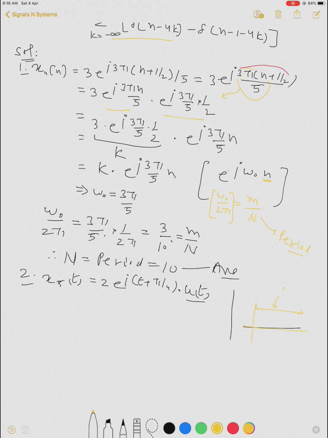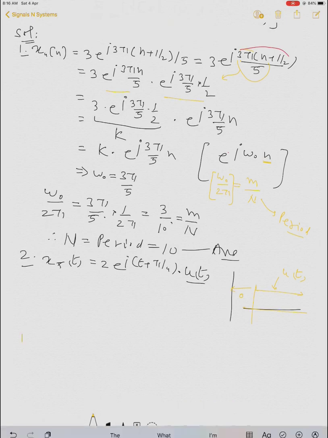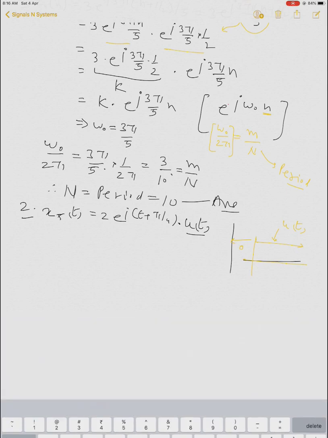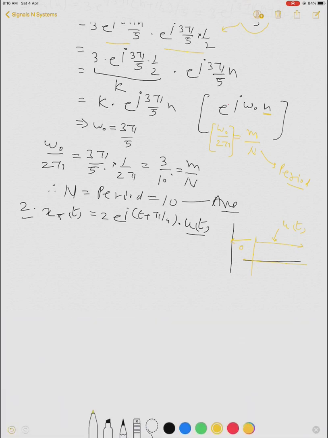This is u of t. Okay, u of t is 0 for t less than 0, otherwise it is 1 for t greater than 0.